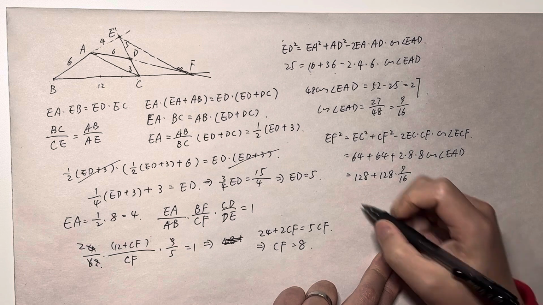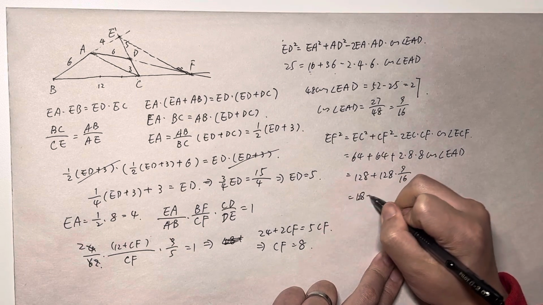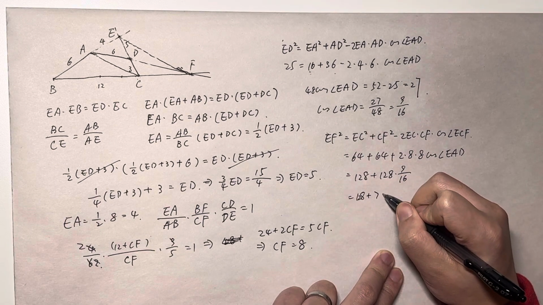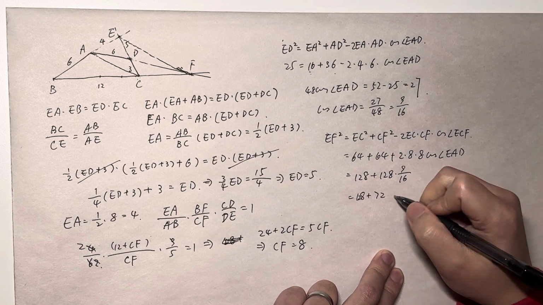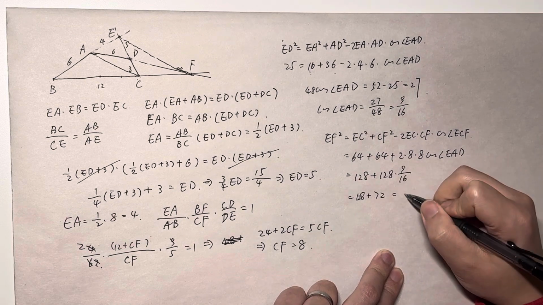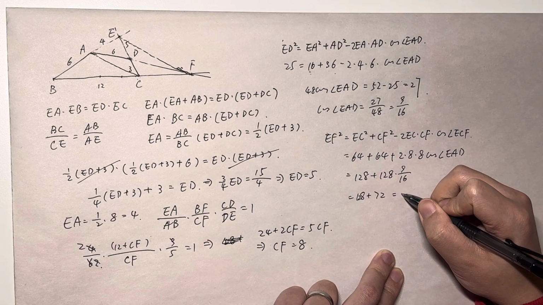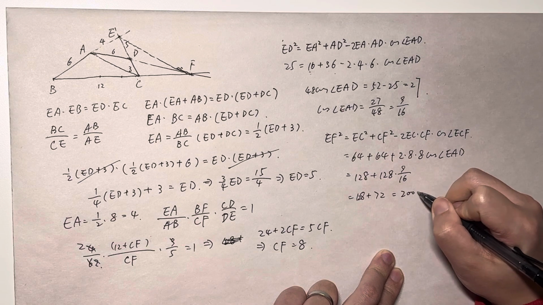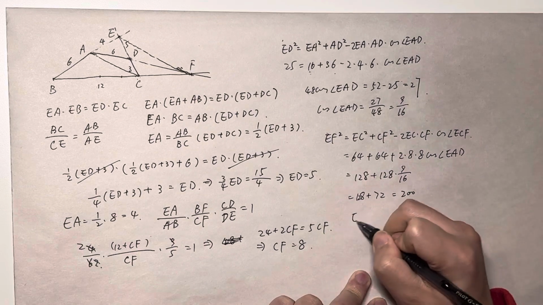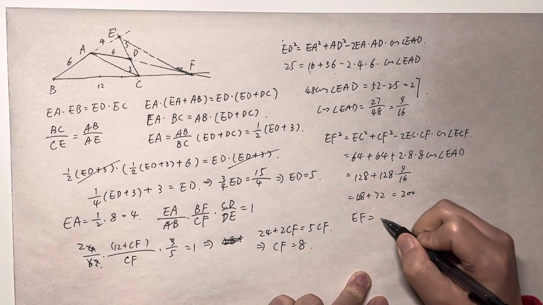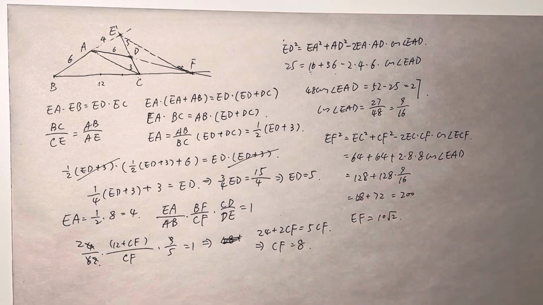That is 128 plus 72, which equals 200. So EF equals 10 times square root 2.